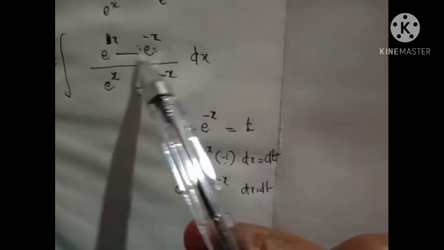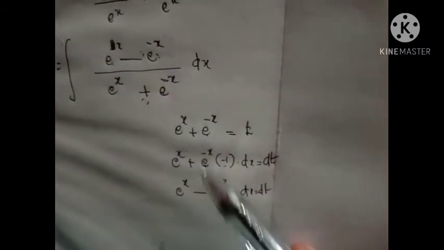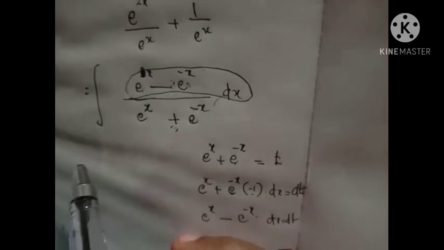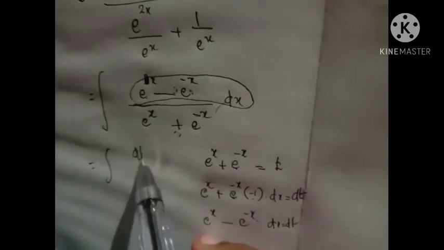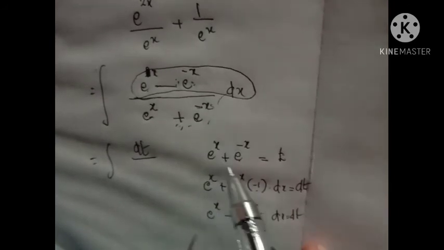Now look here: e raised to x minus e raised to minus x dx, here we can put dt. So this is dt by, now what is e raised to x plus e raised to minus x?